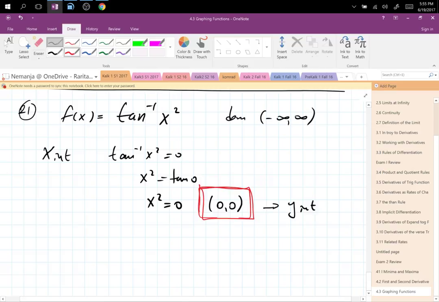Awesome. The next order of business are asymptotes. So do we have a vertical asymptote? No. And that should be common sense because the domain is all real numbers.